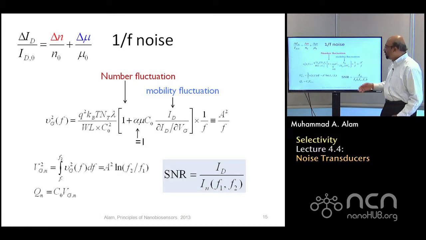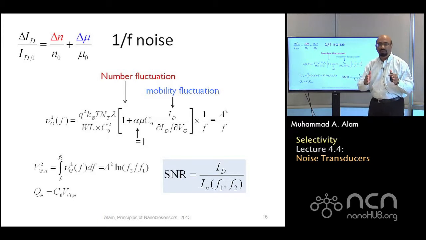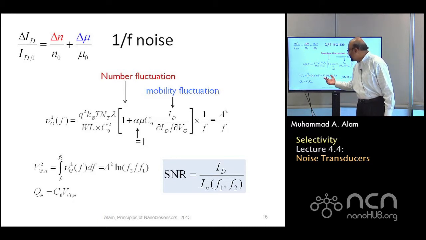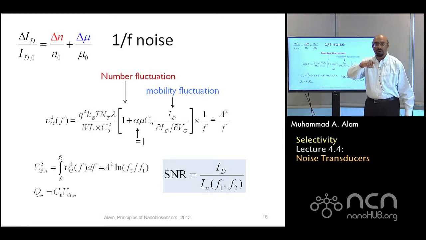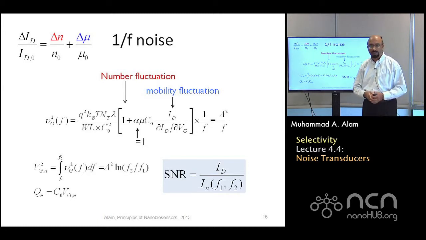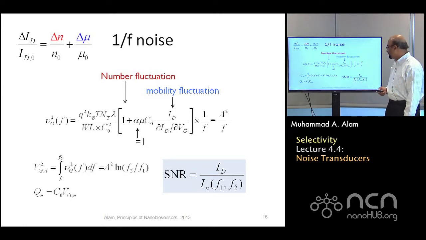And so therefore, all one has to do, if you wanted to know how much noise you have between frequency f1 to frequency f2, is to integrate this noise up, and that will give you the total amount of fluctuation that will happen because of trapping and detrapping. See, even though the biomolecules are not producing anything, this noise itself can give false positive or false negative.